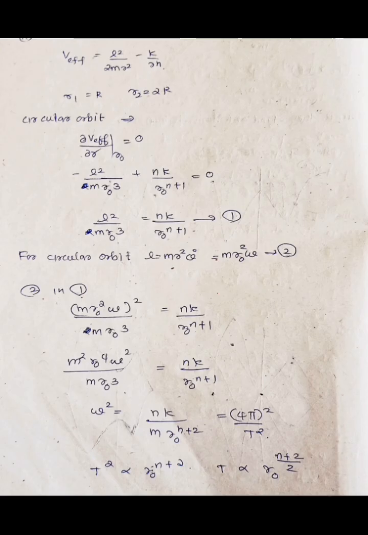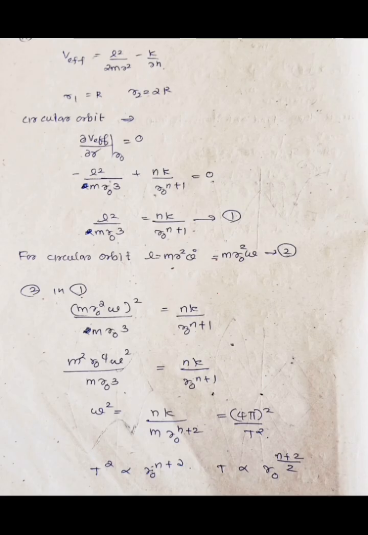So for circular orbit, dou V effective by dou r at r0 is equal to 0. That is minus L square by m r0 cube plus nk by r0 raised to n plus 1 is equal to 0. That is L square by m r0 cube is equal to nk by r0 raised to n plus 1. This is equation number 1. Then for circular orbit, L is equal to m r square theta dot, that is equal to m r0 square omega.